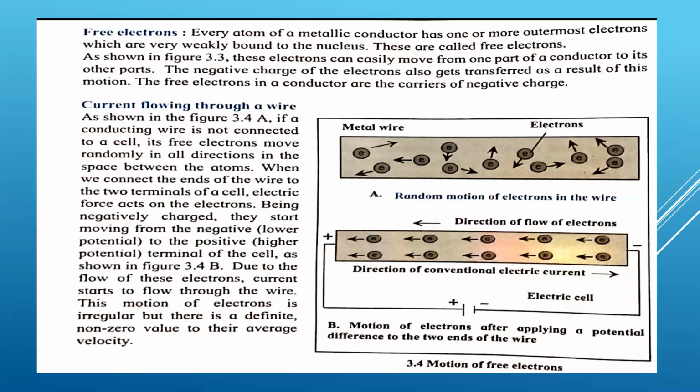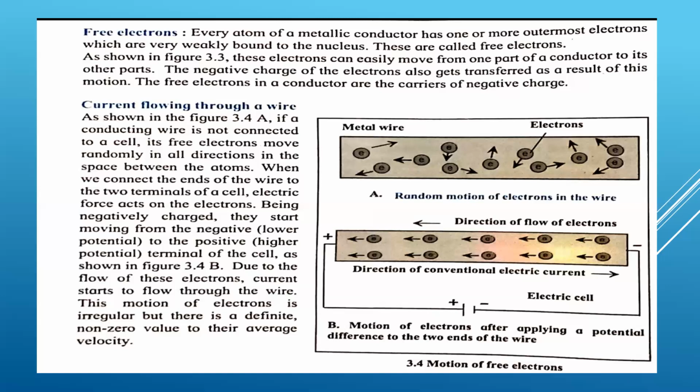If we connect this wire with a potential difference, then what will happen? The electrons which are moving in separate directions, right, left, up and down, will move in one direction. Since electrons are negative charge, they move from negative terminal to the positive terminal.